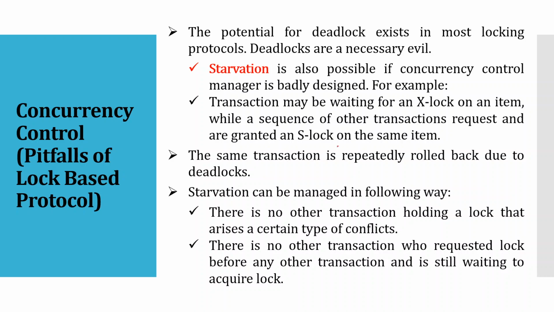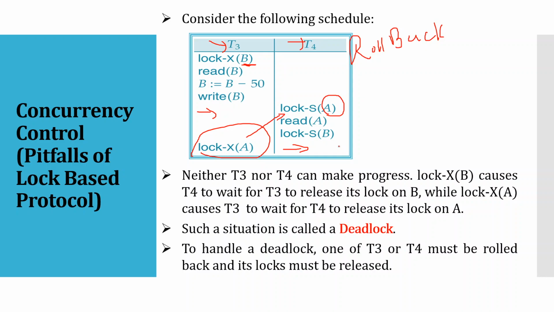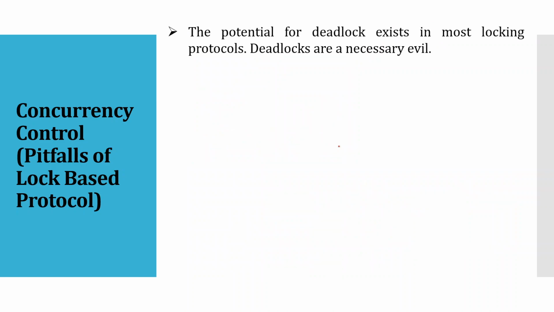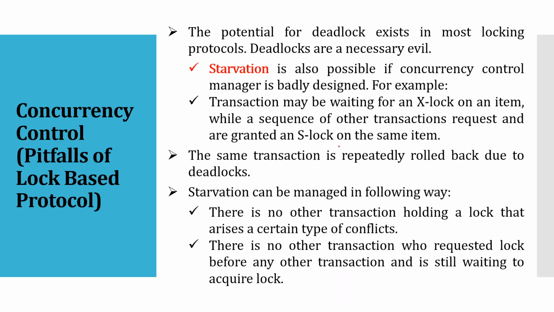So this is what starvation and deadlock is. Deadlock means two transactions are waiting for each other for release of the locks, and starvation means one transaction is kept in a wait state while other transactions are performing their operations. So this is what starvation and deadlock is, right?